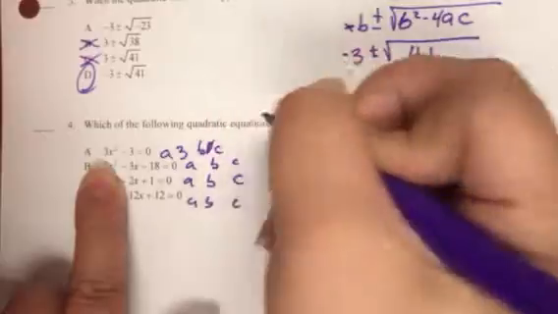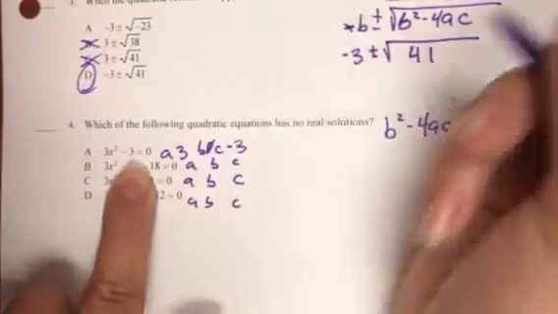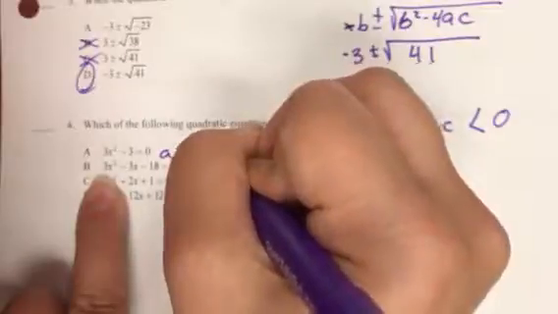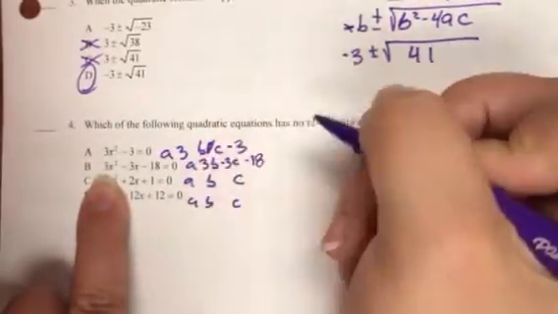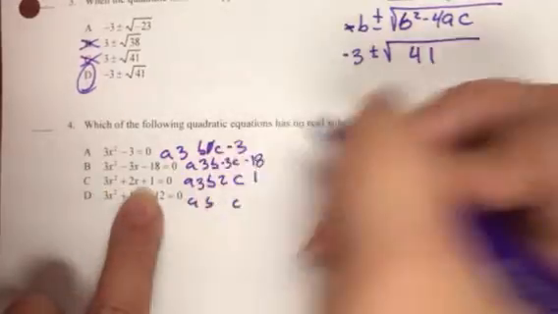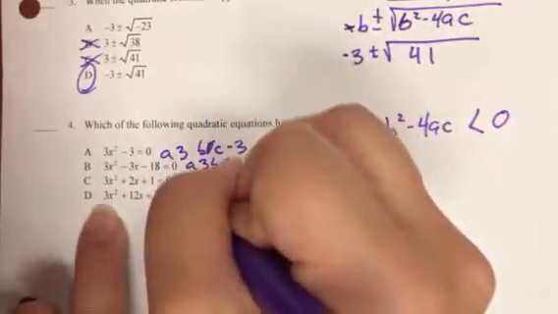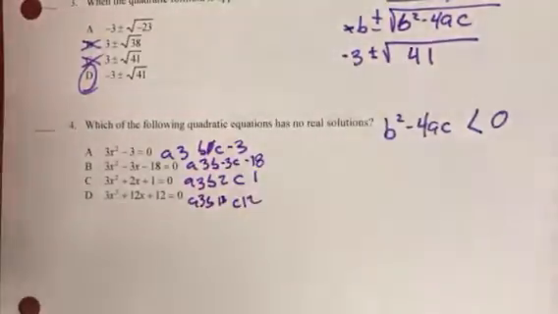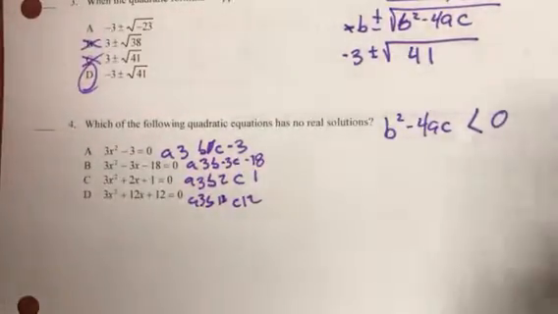There's no B, so it's a 0. My C is a negative 3. My A is 3, my B is a negative 3, my C is a negative 18. A is a 3, B is a 2, C is a 1. A is a 3, B is a 12, C is a 12. So I'm literally doing the same thing over and over again.